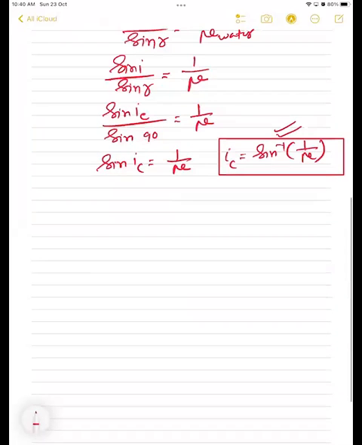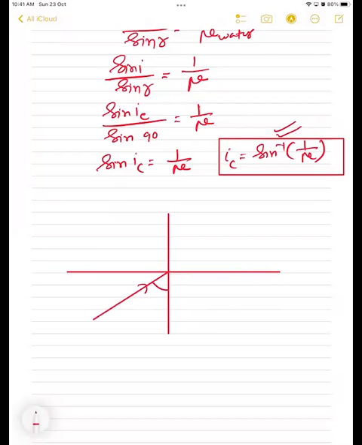Here what I did is, we took a medium, okay, and this is the critical angle ic, so this is the angle of refraction, this angle r is equal to 90 degrees. Any ray incident beyond the critical angle, what will happen? It will come back to the same medium. Are you getting my point or not? Yes, sir. So it will no longer be refracted, it will be reflected.